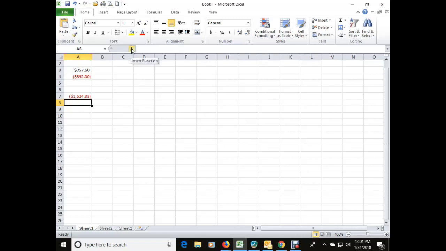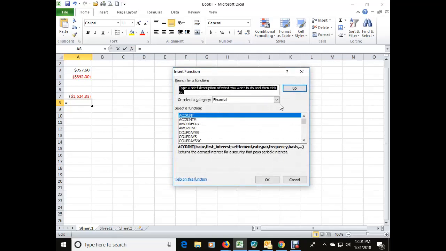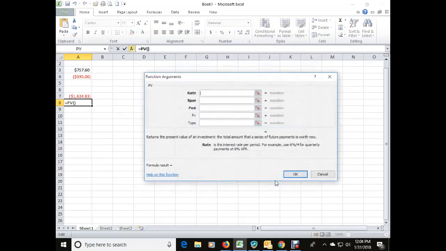Now, for part B, we change this to quarterly. So we again do the present value. The rate is 9%, but now it's quarterly, so we have to adjust the interest rate. So we divide that by 4, and that changes it to 2.25%.